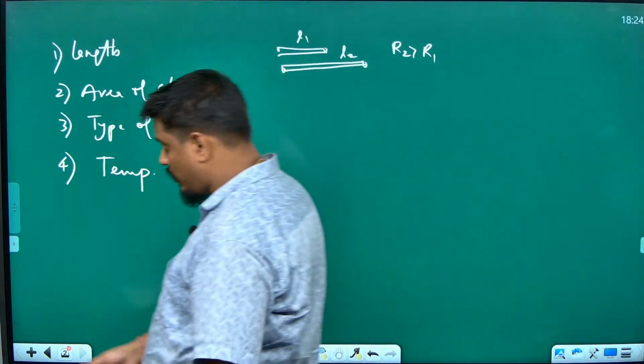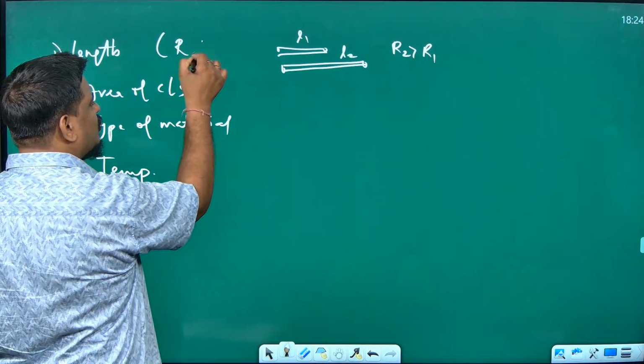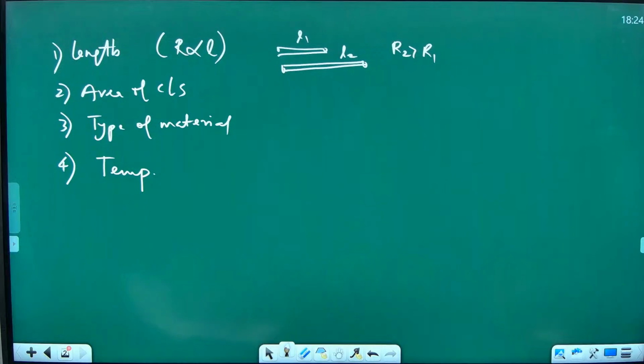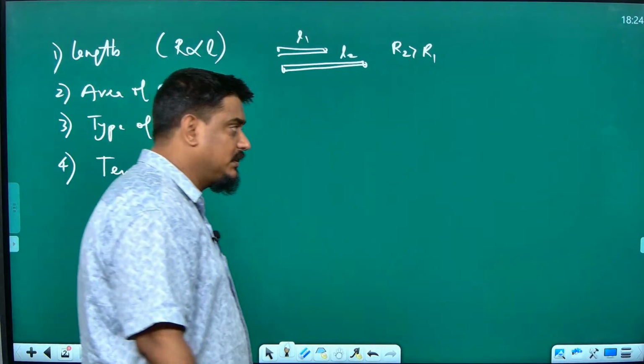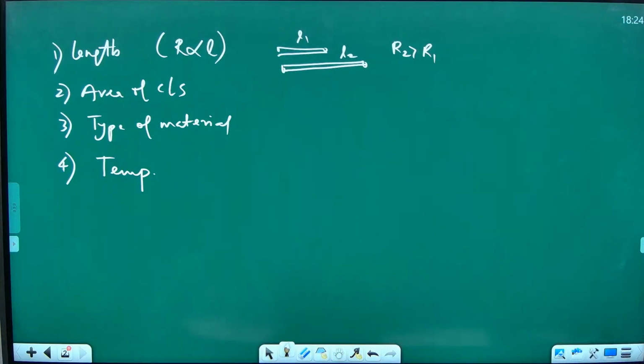It means the longer the wire, the more the resistance, which very clearly indicates that R is proportional to length. A longer wire will have more resistance. I told you the reason for this also. Remember this in your mind: resistance is created because of the collision of the electrons inside the conductor.